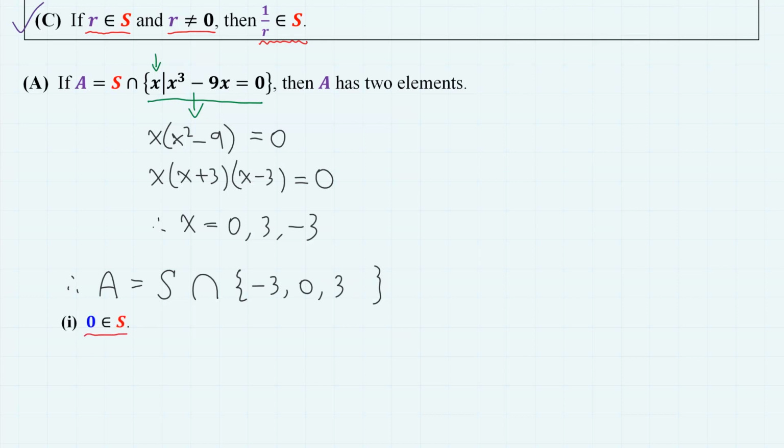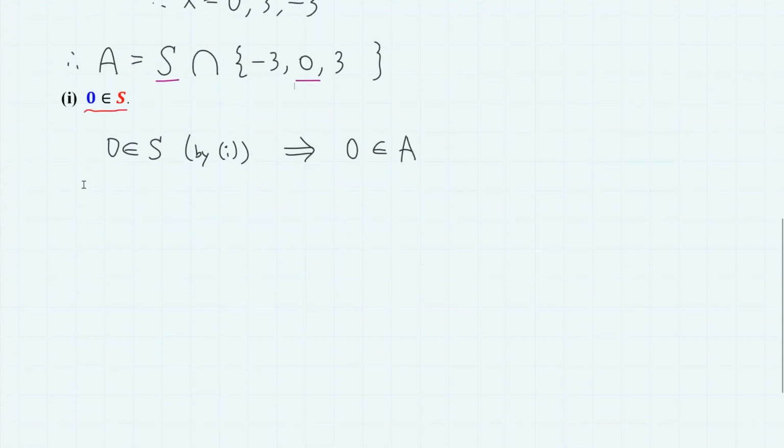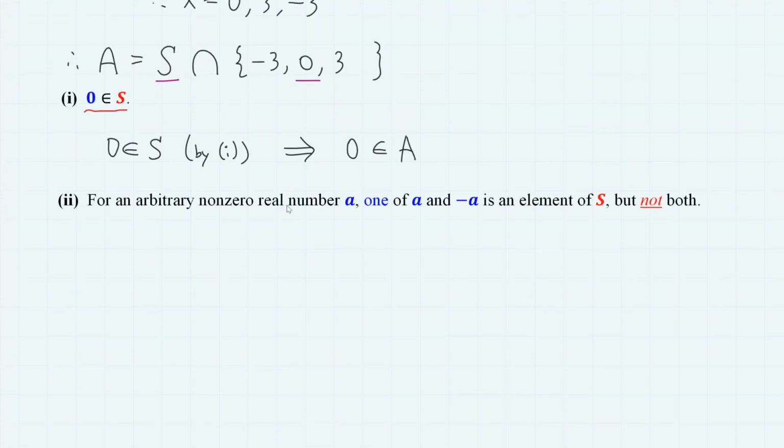Here, from condition 1, which states that 0 is always an element of S, we know that 0 is an element of A because it is in both set S and this set. Next, we take a look at condition 2.